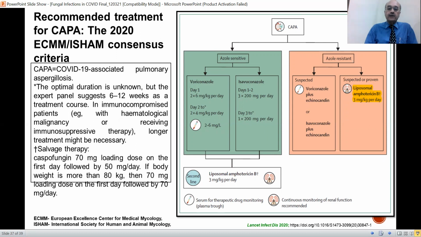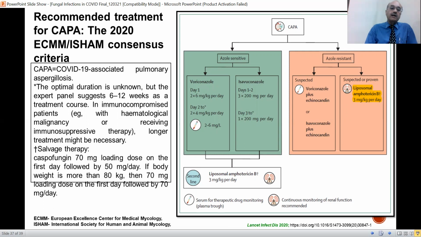It is always important to do therapeutic drug monitoring with voriconazole, and the plasma trough value has to be kept between 2 to 6 milligrams per liter. In those patients where you cannot give voriconazole, the other drug available is isavuconazole, which is not yet available here, but is available outside India, and it can be given in the dose of 200 milligrams thrice daily on days 1 and 2, followed by 200 milligrams once daily from day 3 onwards.